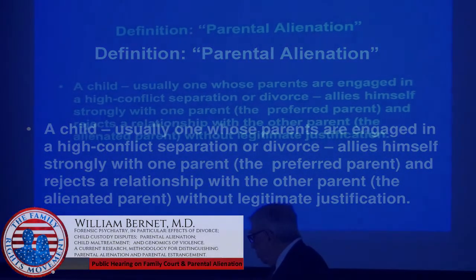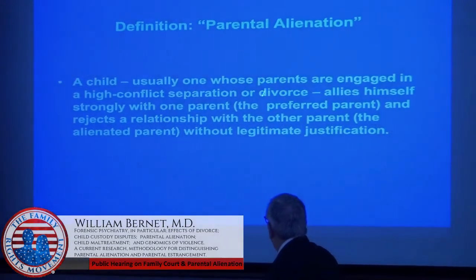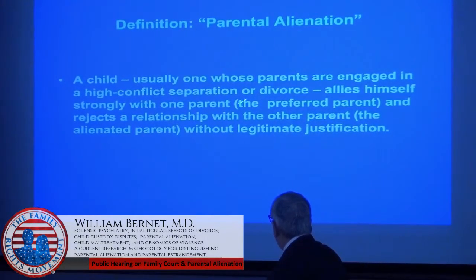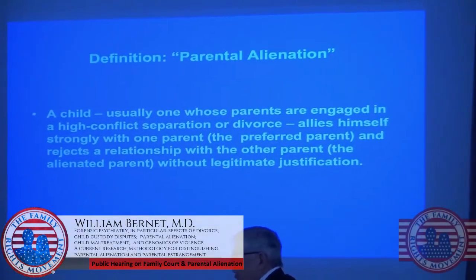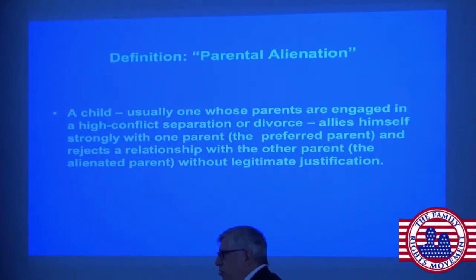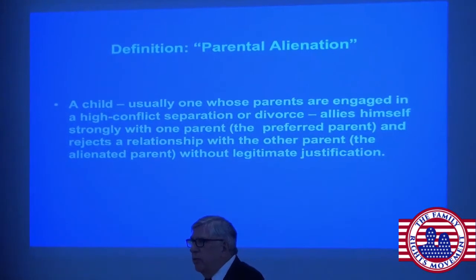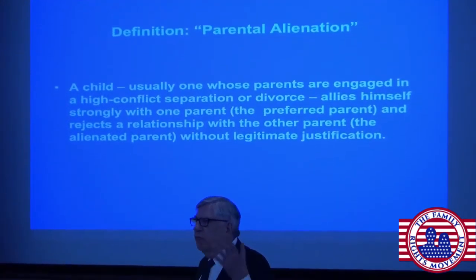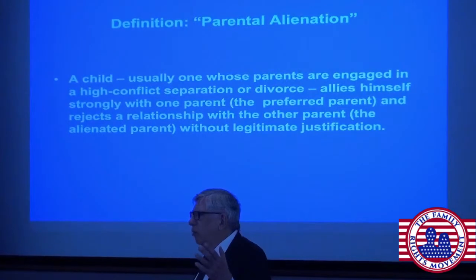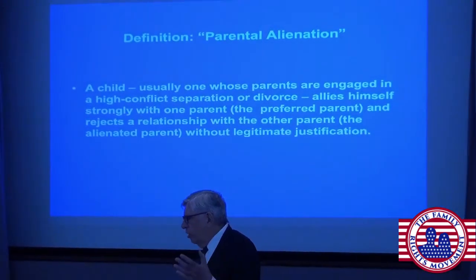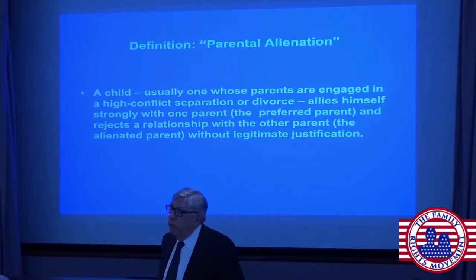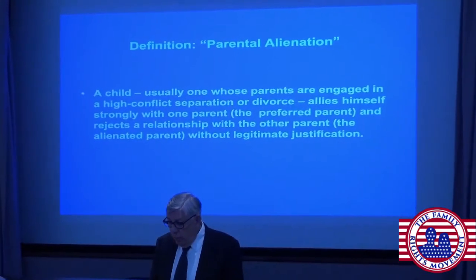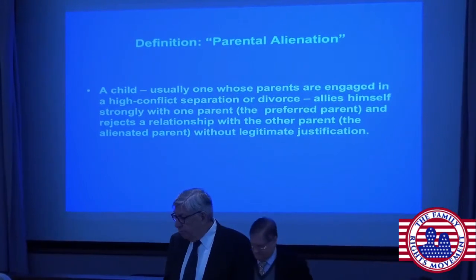So the main points here are that this usually takes place in a divorce situation, and secondly, it's without legitimate justification, because if a child wants to reject a parent and there's a good reason, that's something else. That makes sense. What we're talking about is the child rejects a parent and there really isn't a good reason, and frequently the child is put up to it or indoctrinated by the preferred parent to do that.